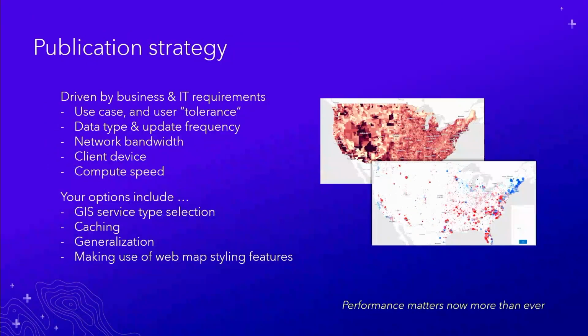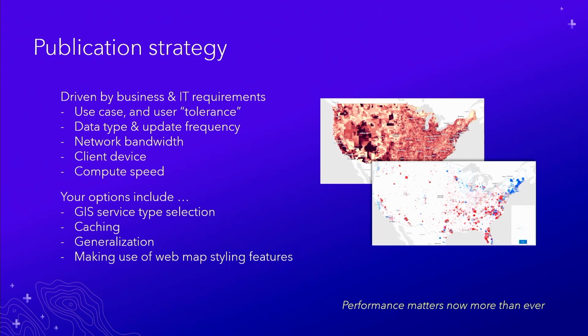So as you think about how to make the decisions for your specific scenarios, we'd like to remind you to keep some of these things in mind. A lot of this will be driven by business as well as IT or technical requirements. So you want to be thinking about the use case, the user tolerance for the amount of data, the speed of the application, the degree to which they have to have connectivity, the type of data and how frequently it's updated, the bandwidth of the network and how reliable the network is.